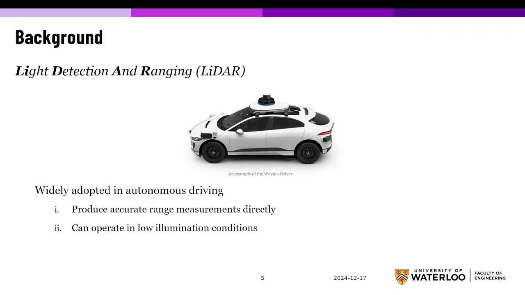And secondly, because LiDAR sensor is an active sensor, it actively emits laser beams and then detects the laser beam that's bouncing off the target. It can operate in low light conditions without much problem compared to camera sensors, whose effectiveness will diminish when we have lower and lower light conditions.